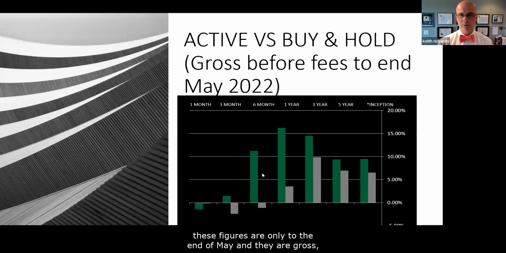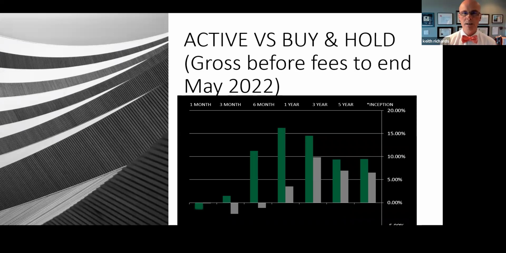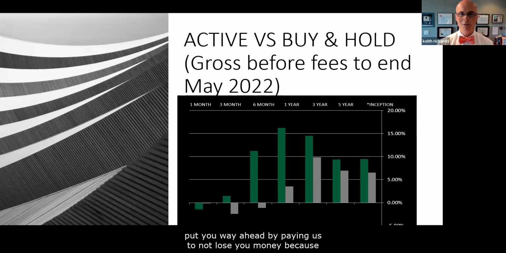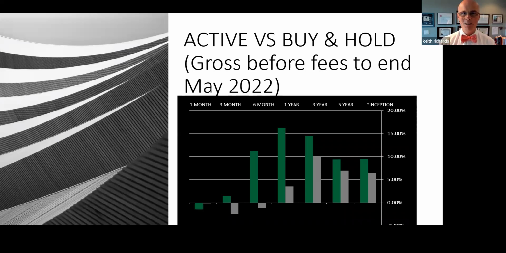Again, these figures are only to the end of May, and they are gross, which means that the fees haven't been subtracted. But if you know anything about our fees, we still put you way ahead by paying us to not lose you money, because our fees are a maximum of 1.75% on our equity platform. So active investing, whether you hire someone like us or you do it yourself, it's important in this market.